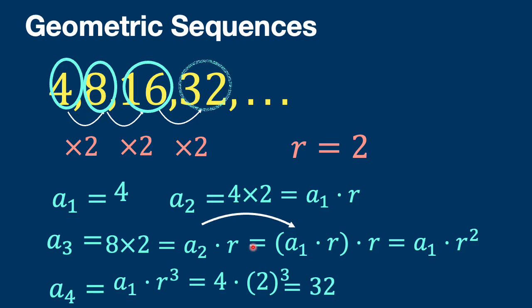That makes 32 right there, guys. So what is the general term of a geometric sequence going to be? An equals A1 times R to the n minus 1, where n is the nth term. Can you see the pattern? The 3rd term's power is 2, the 4th term's power is 3. This is the general term of a geometric sequence.